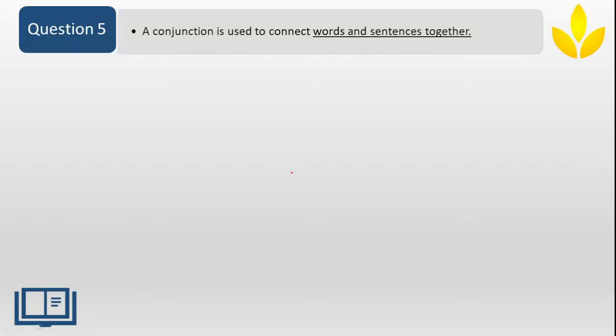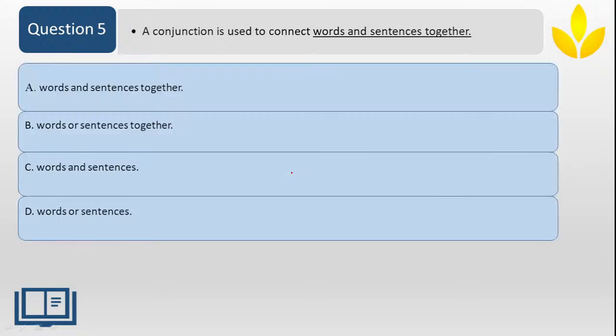Next question, a conjunction is used to connect words and sentences together. Your options are words and sentences together, words or sentences together, words and sentences, words or sentences. So now we can discuss about two types of conjunctions.